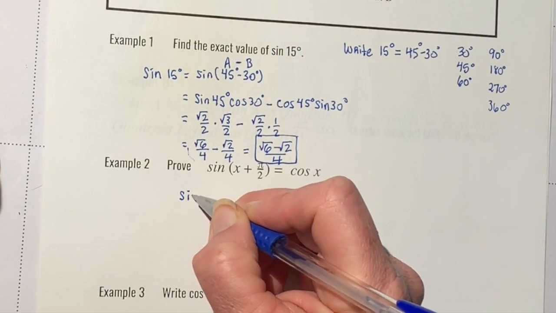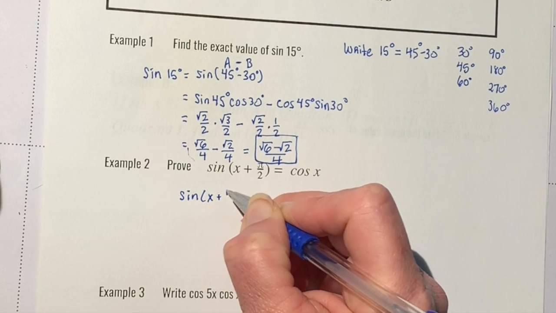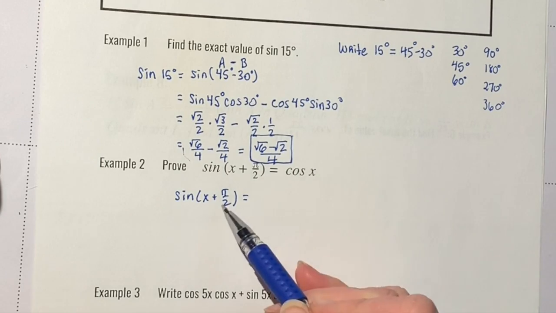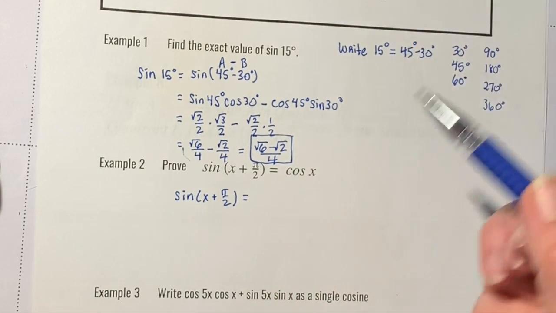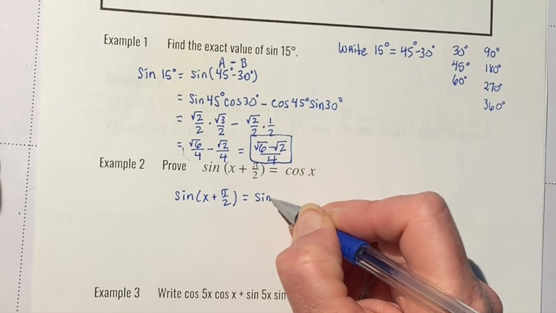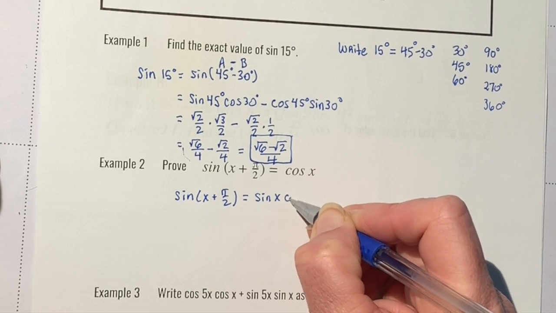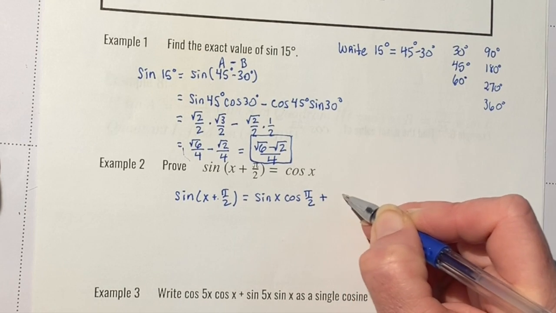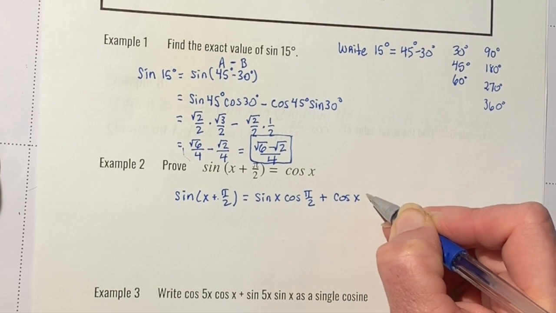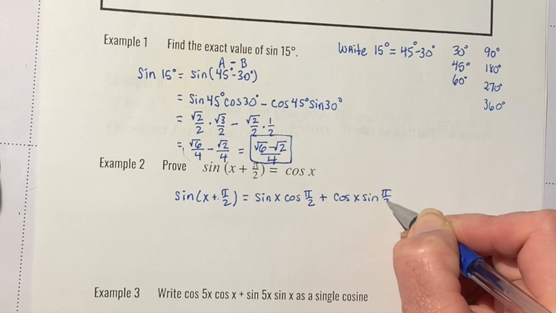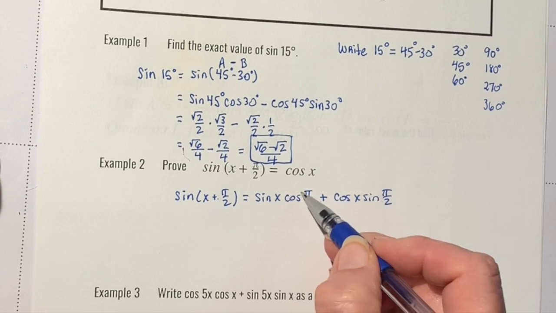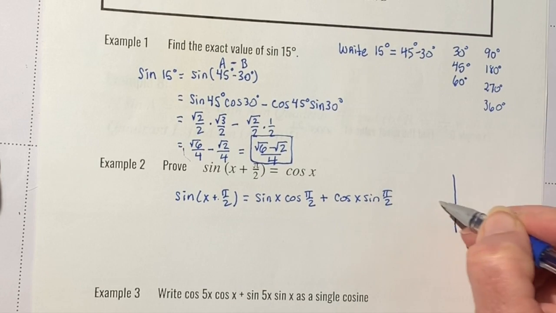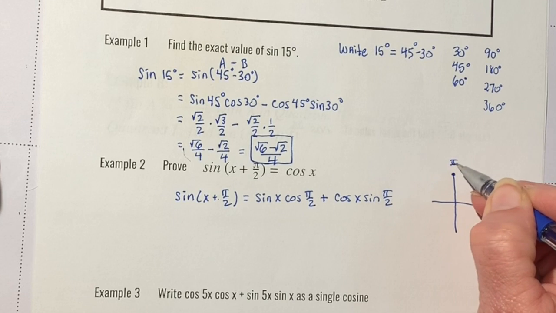So the sine of x plus pi over 2 is equal to, so it's sine, so sine, cosine, cosine, sine. So sine A cosine B plus cosine A sine B. Okay, so I know the cosine of pi halves and the sine of pi halves, so remember that's a 90-degree angle, that's here.